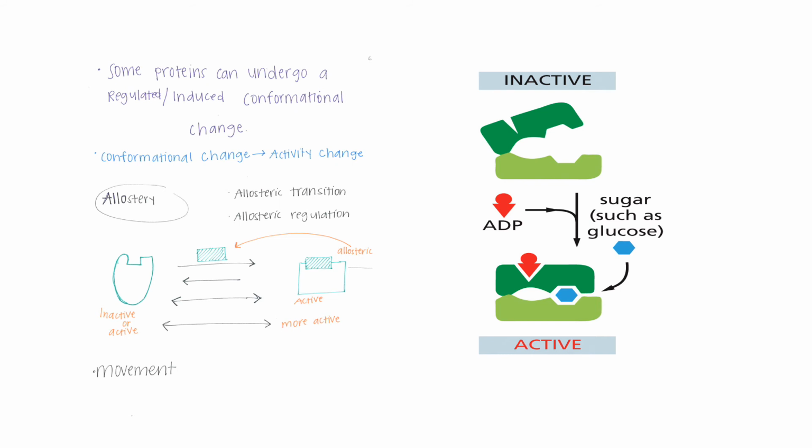So it becomes active. So that's an allosteric regulation. Now, there's movement that's going on here. I'm showing a change in structure, and this is showing opening and closing. These are all representations, but in fact, there's movement that goes on. Let me give you another example in the next slide.